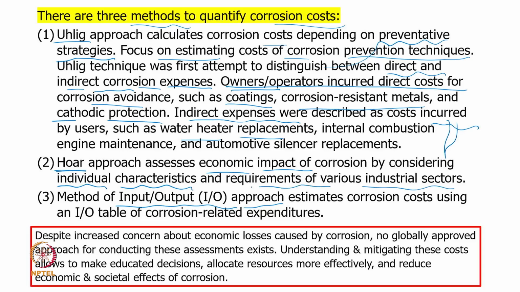So, these things were accounted for in this method, which is a slightly better method. While coming to the input and output method, there are so many parameters which we need to tabulate and then come up with this approach. So, naturally this input-output approach will be an exhaustive approach, but we require a lot of data for that purpose.